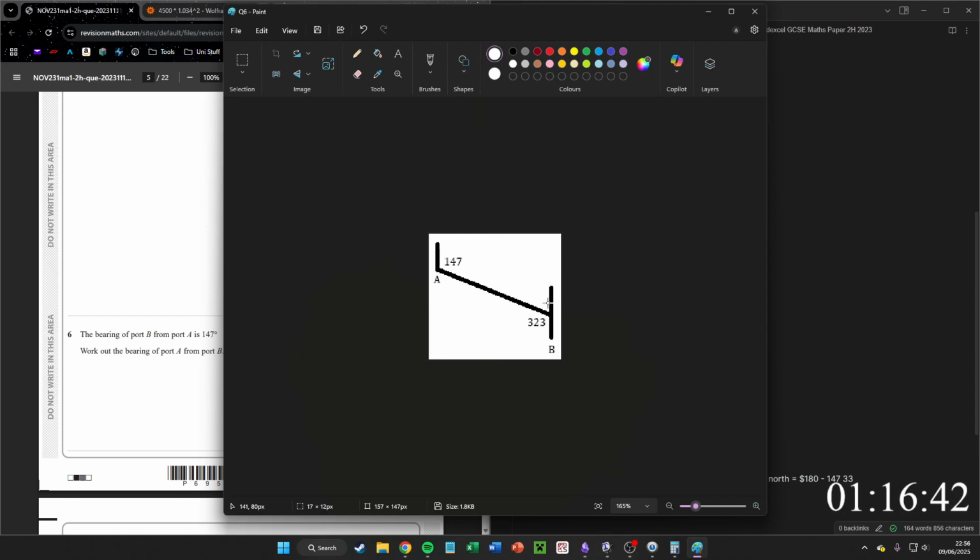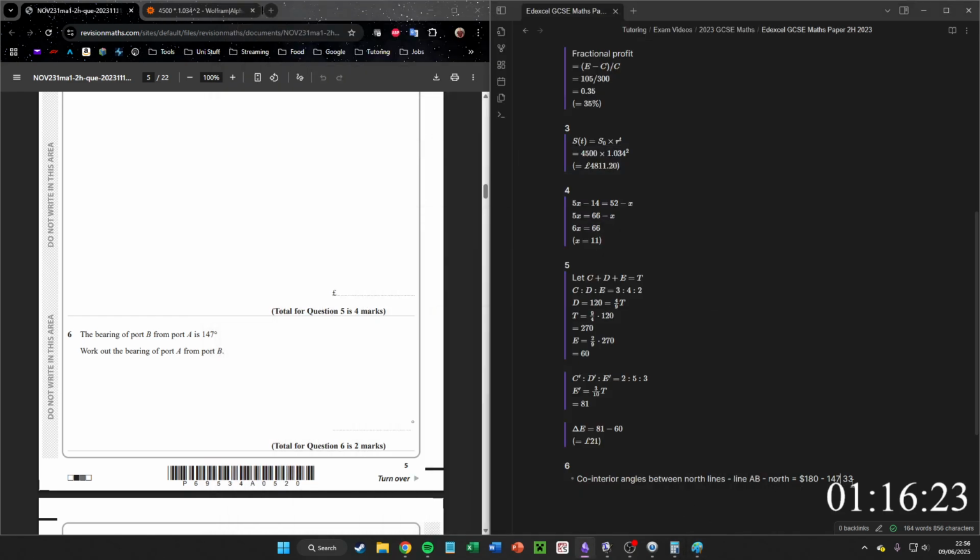Question is, is that my first mistake of the exam, or have I made one already? Who knows? This will be then 33, and then 360 subtract 33, 327 would be our bearing there. I will save that. 147 equals 33, and that should be degrees, of course.